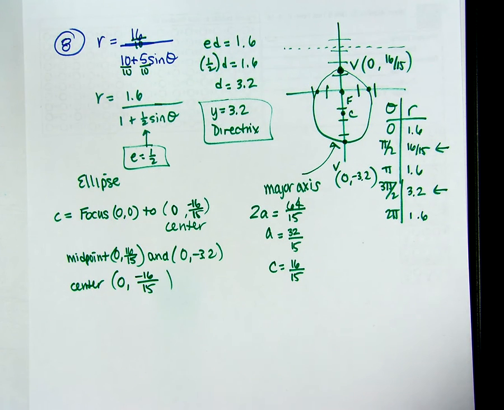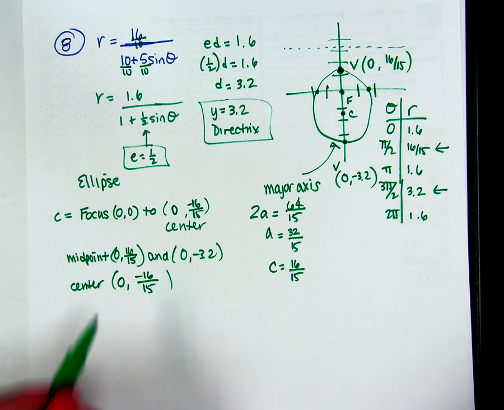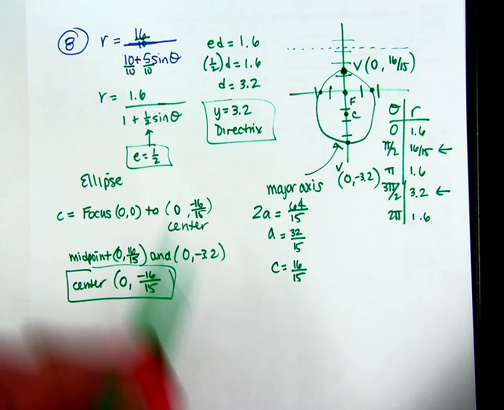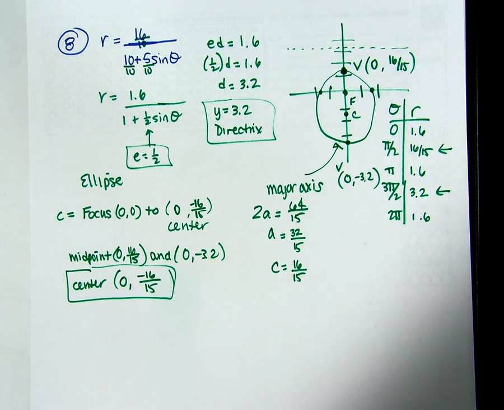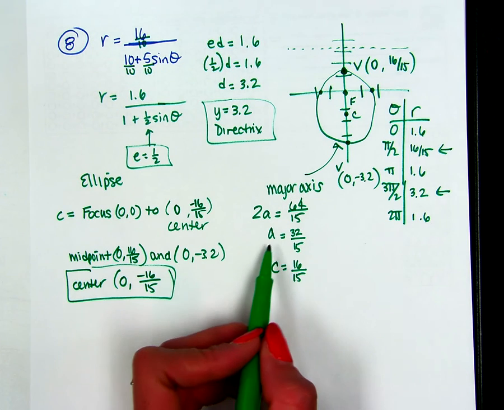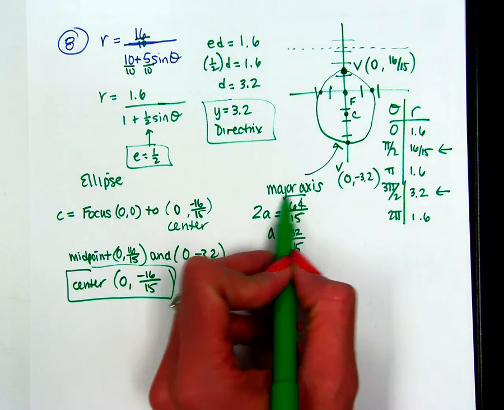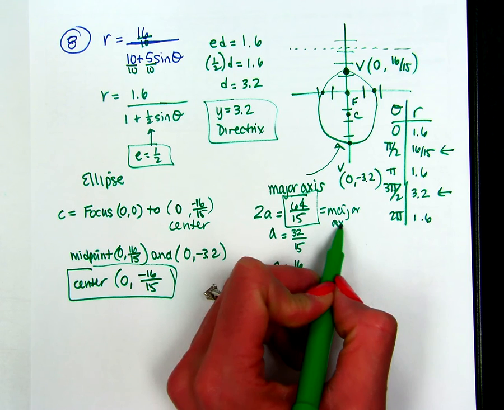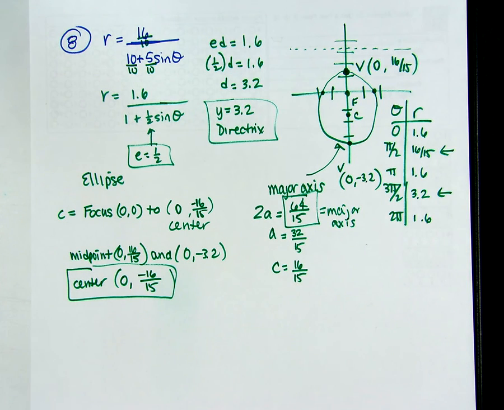All right, then, now since we know it's an ellipse, it says if it's an ellipse, you specify the center and the eccentricity, which we have, the lengths of the major and minor axes. So actually we don't need a, we need 2a. So this is our major axis. But we need to find b in order to find the length of our minor axis. And then that's all we need to find.